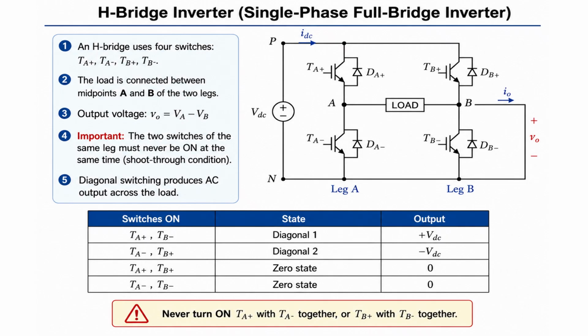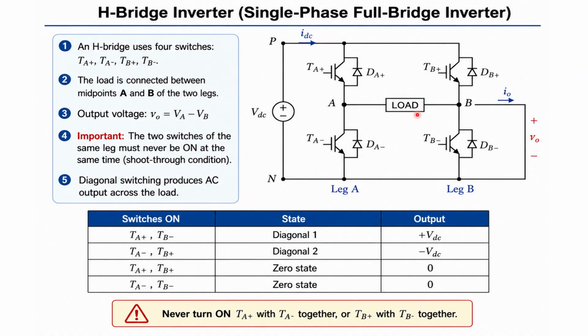So let's first understand the construction of an H-bridge inverter. This is the structure of an H-bridge inverter, which we have already studied in the power electronics subject in the second year. These are the four switches, and this is the load connected, and this is the output voltage terminal.